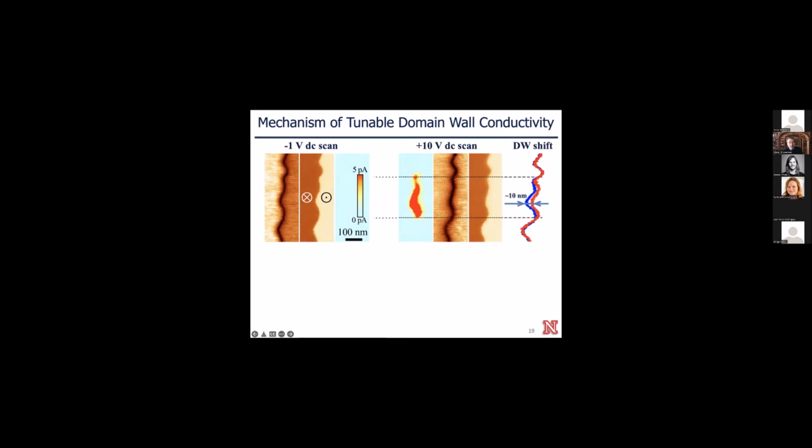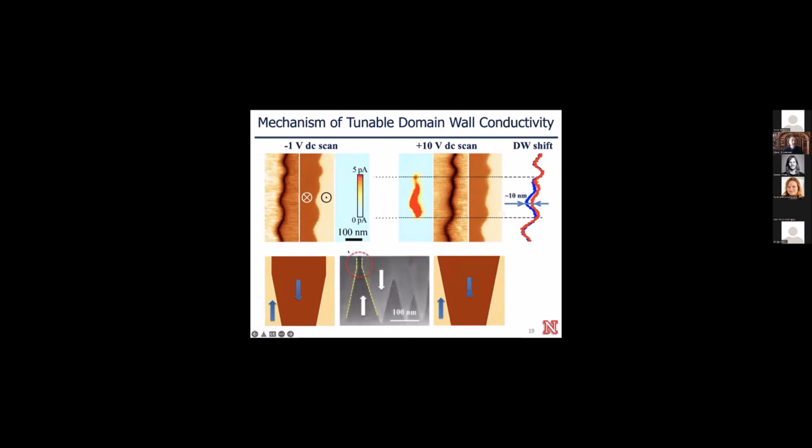The most important part here is that cross-sectional STM studies reveal not simply an inclination of the whole domain wall, but that the domain wall bends in the area very close to the surface. So you see that the domain wall is not represented by a straight line in this image, but it actually bends. And that's what we get after we apply negative bias. In other words, the wall that appears insulating in the conducting AFM does show bending of its profile, while conducting walls are represented by straight lines.